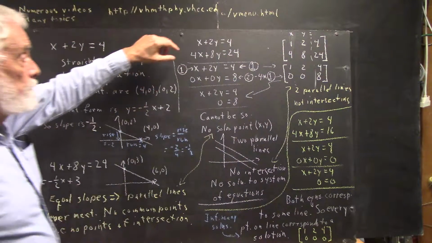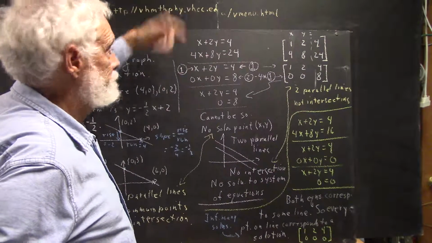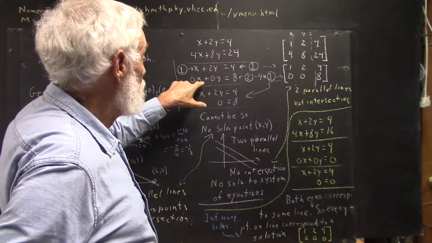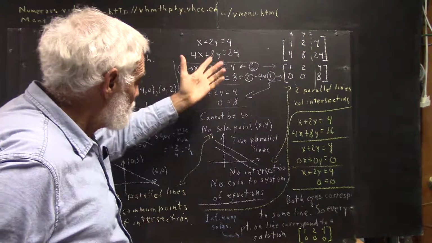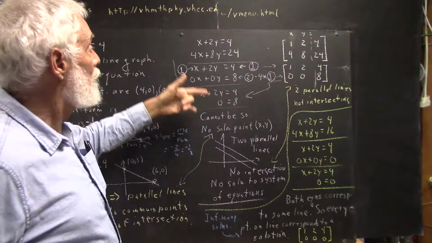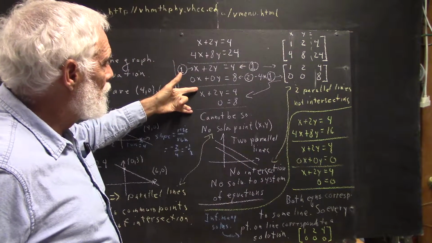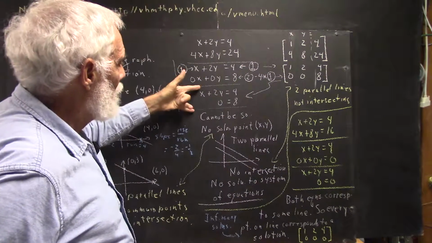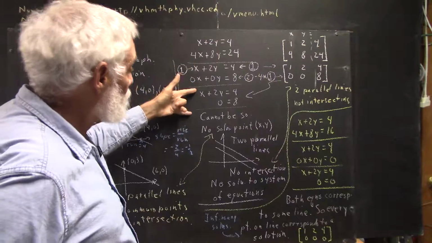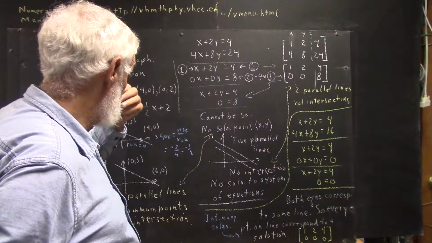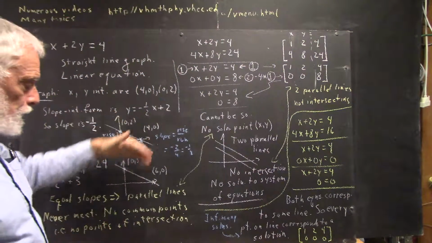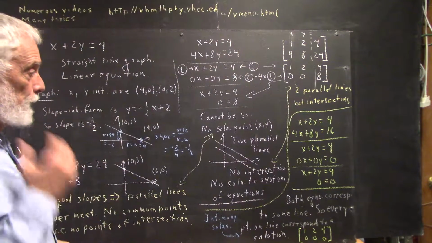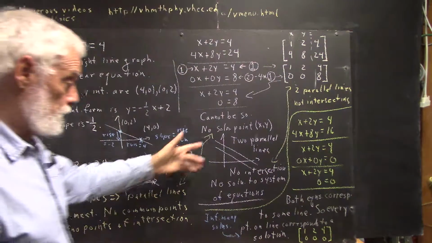Okay, so we reduce the system by just adding negative 4 times the first row to the second, and we get 0 equals 8. That tells us that there's no solution, because this system is equivalent to this equation. This has exactly the same solutions this does. Since this has no solutions, this has no solution. That confirms that the parallel lines are never going to intersect. It reinforces what we know about parallel lines. Okay? So, right there's what we have.